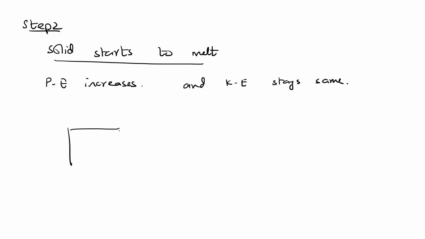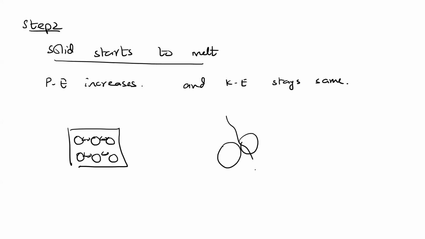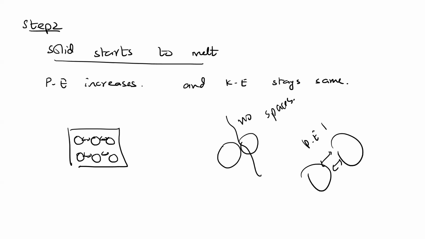That means the particles now start to gain spaces, but their vibration stays the same. We have to understand that potential energy increases. Initially, solid particles had no spaces between them. But when there is a space between them, that's where they have higher potential energy. That is to be understood very clearly.